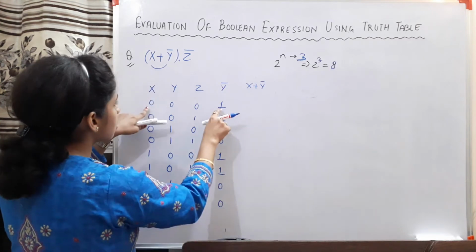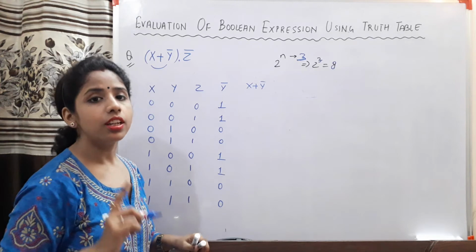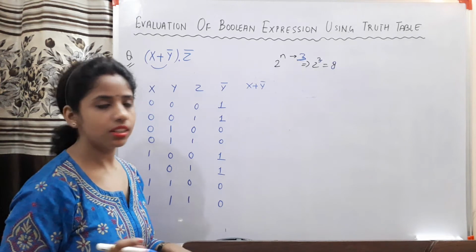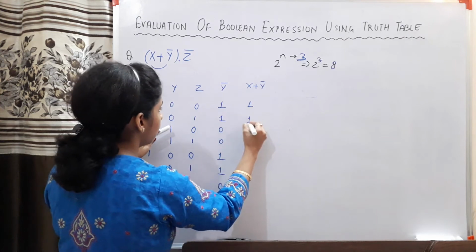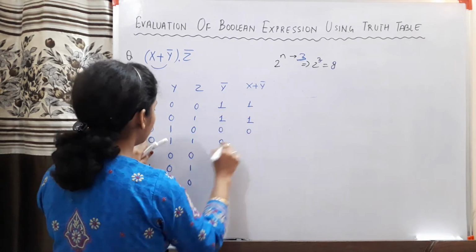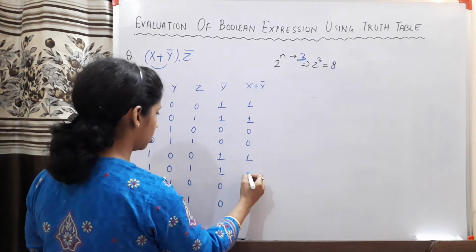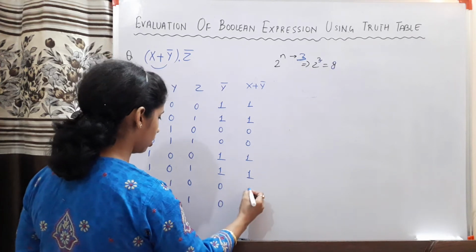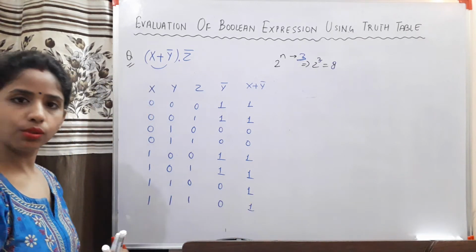So this is x, this is y bar. What will be the answer? You know that in case of OR operator, even if one of the inputs is 1, the result is 1. So apply it. 1, 1, 0, 0, 1, 1, 1, 1. So one term we have calculated.